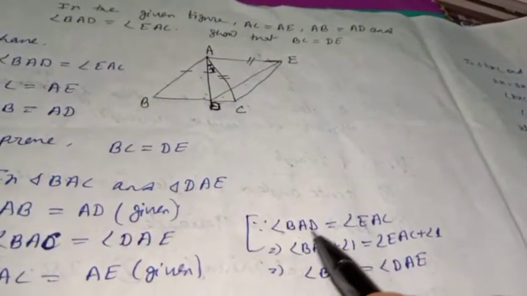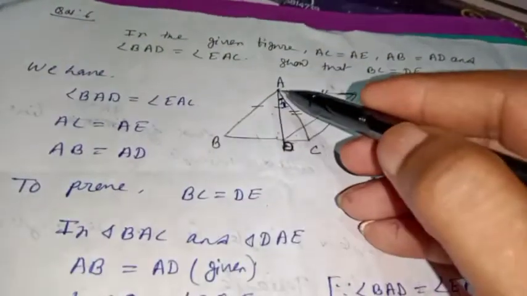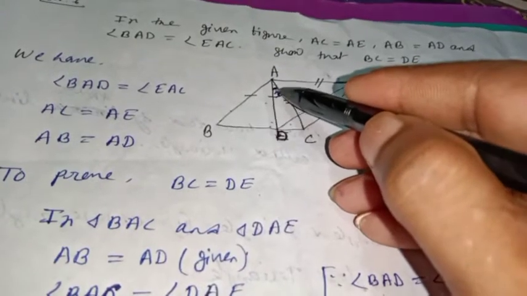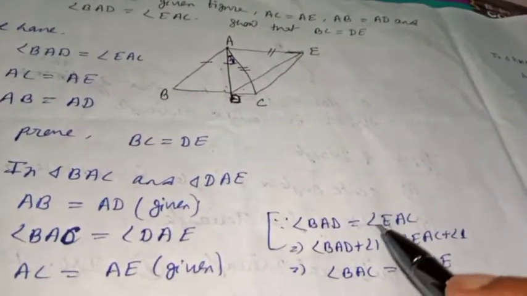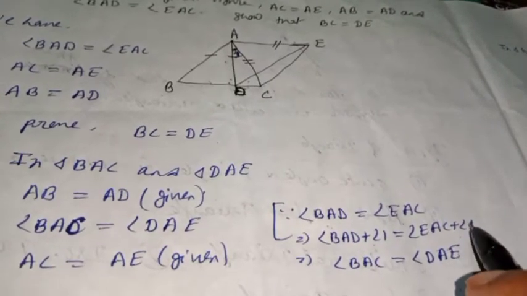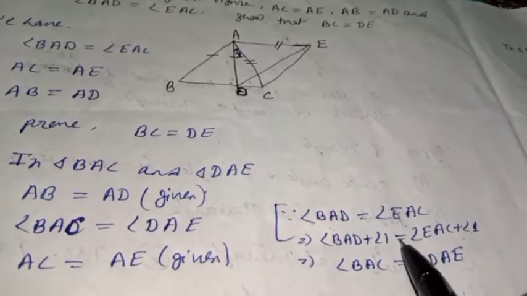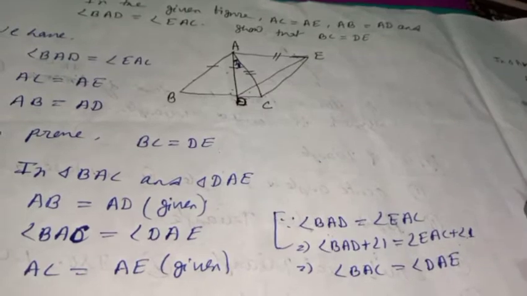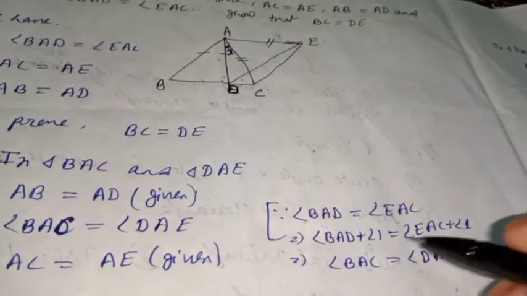Since angle BAD is equal to angle EAC, if you number the angle, this is number 1, then if you add angle 1 on both sides, it's balanced. This is also angle 1, this is also angle 1. If you transfer this angle 1 to this side, it will be minus, then angle 1 and angle 1 you can cancel. Yes or no? This line is balanced.